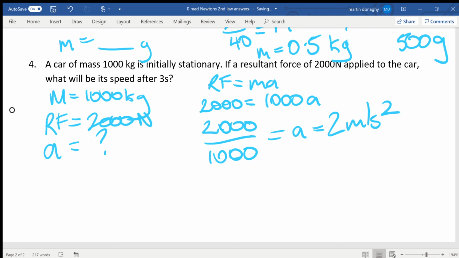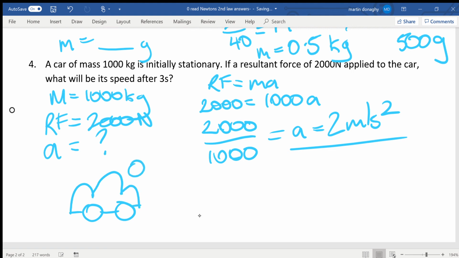Okay, now if you remember from one of the previous lessons, that means that the speed increases by 2 each second, and it tells us our car is initially at rest, which means the speed here is 0 meters per second. After 1 second, the speed will increase by 2, so it will then be going at 2 meters per second.